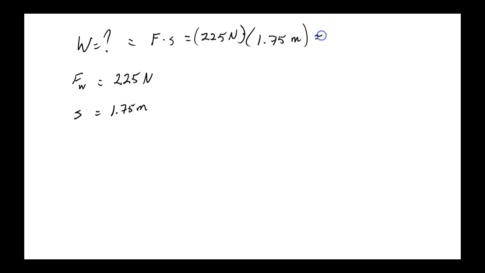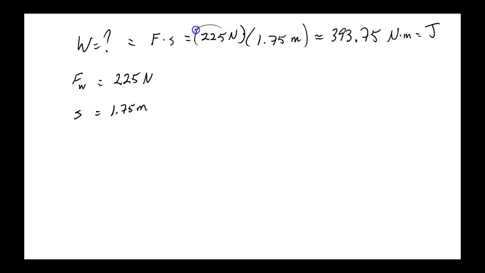If someone's got a calculator, I'm not about to try to do that in my head. 393.75. And what unit? Newton meter. That is one way you could express it. What is a Newton meter, though? Joules, exactly. It's not rounded to a whole number. I was going to get to that. Good catch there.